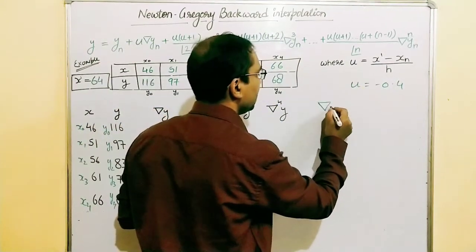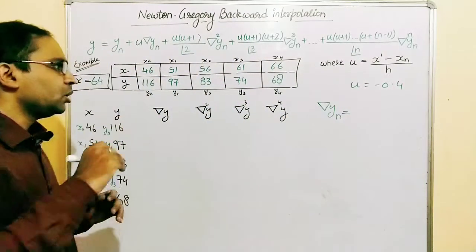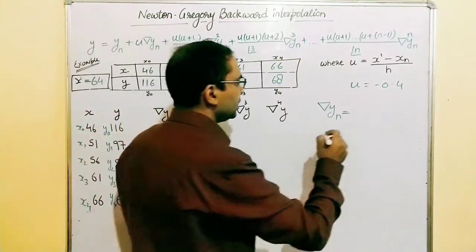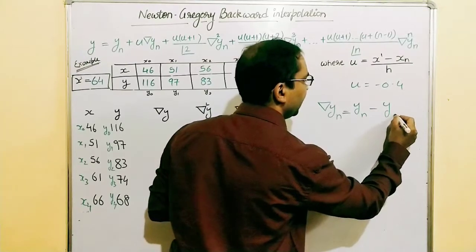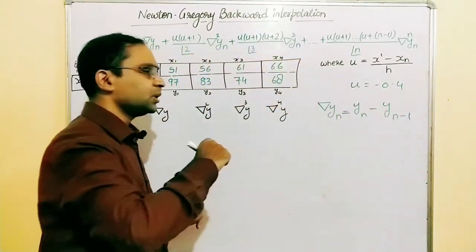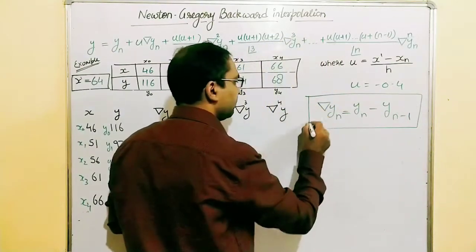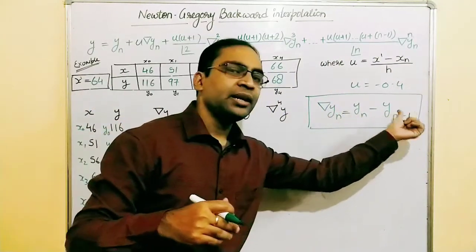Backward del of yn is the formula called current minus previous. So what is the value of current? This is yn minus previous will be yn minus 1. So backward del of yn is equal to yn minus yn minus 1.